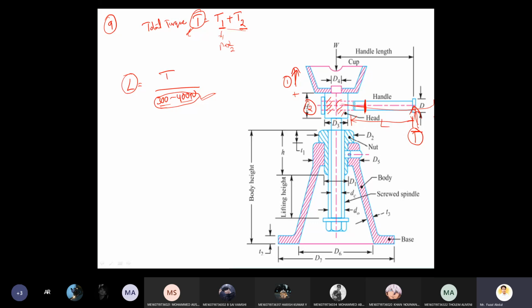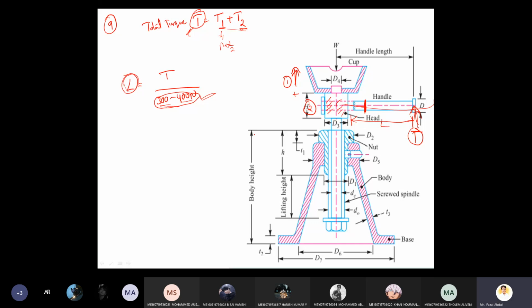To avoid this difficulty, we need to maintain an optimal length of the handle. So on average, the load a human being can apply gives us the length value. This will give the handle length for gripping purposes. So that is the ninth point.